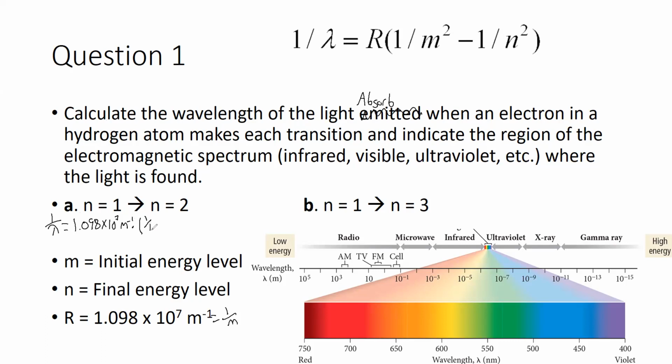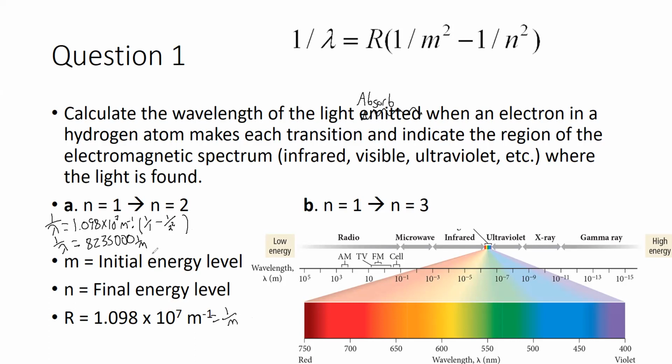M is 1, so 1 divided by 1 squared, minus 1 divided by n squared, which is 2, so 1 divided by 4. Right? So when we do that, we see that 1/wavelength is equal to 8235000 1/meters.